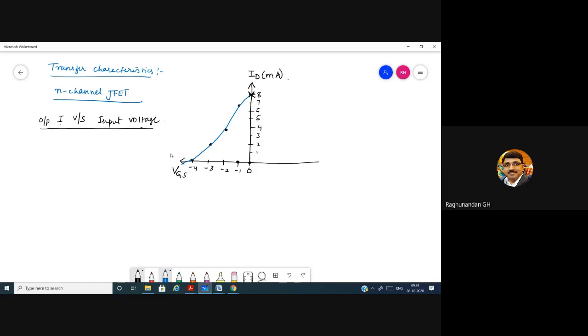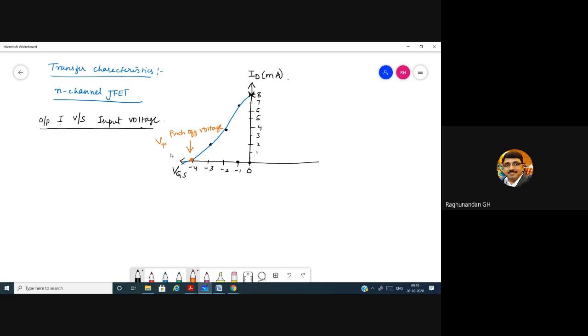Okay, at this particular point VGS, what is the current? 0. This point is known as the pinch off voltage, VP.